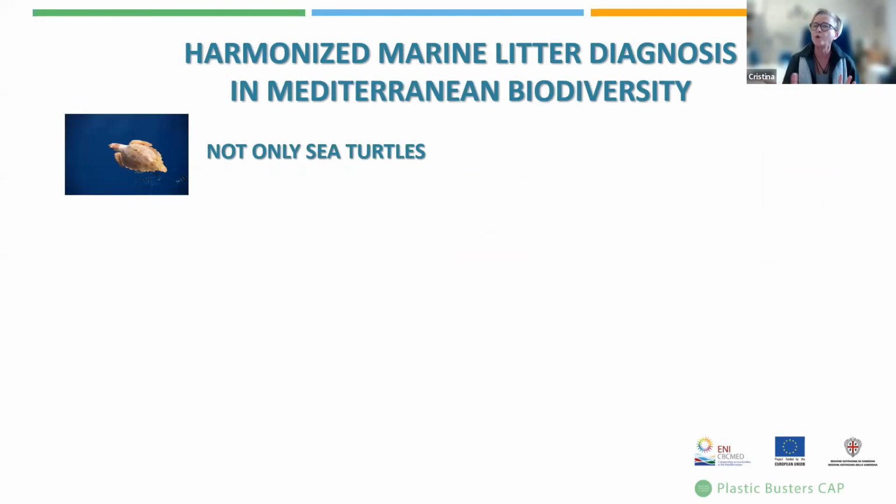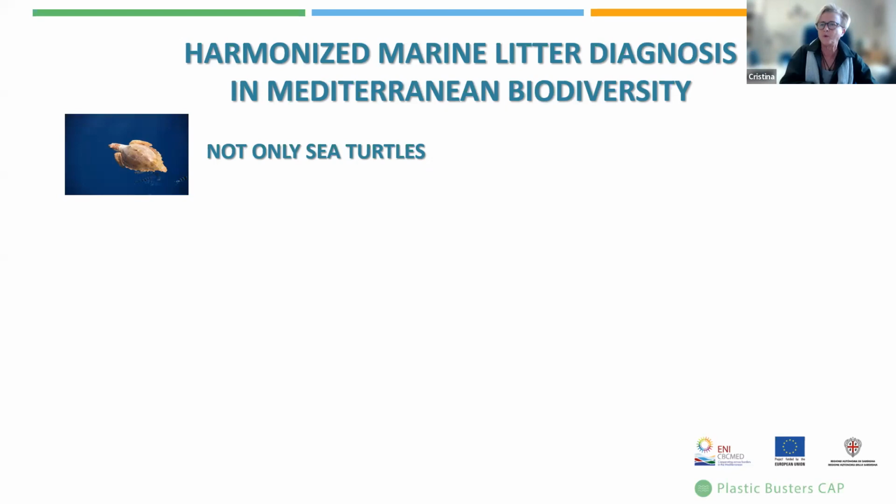So, as you know, the Marine Strategy Framework Directive and the IMAP indicator have selected as case species, or proposed as indicator species from the Mediterranean Sea, the sea turtle Caretta caretta.